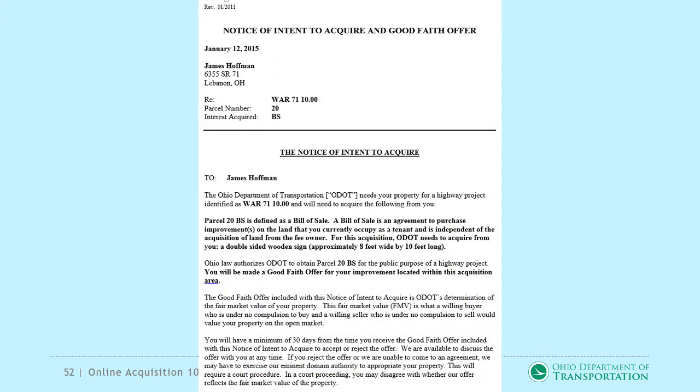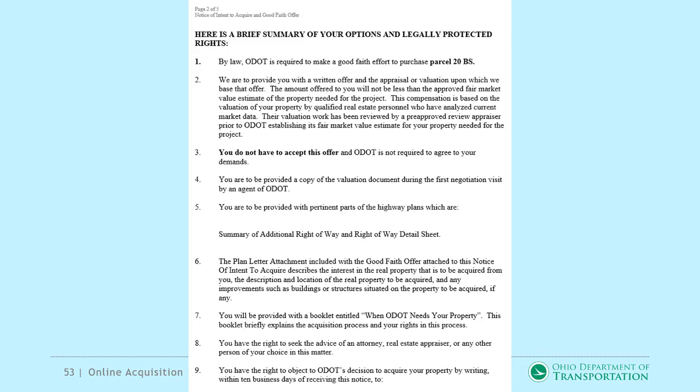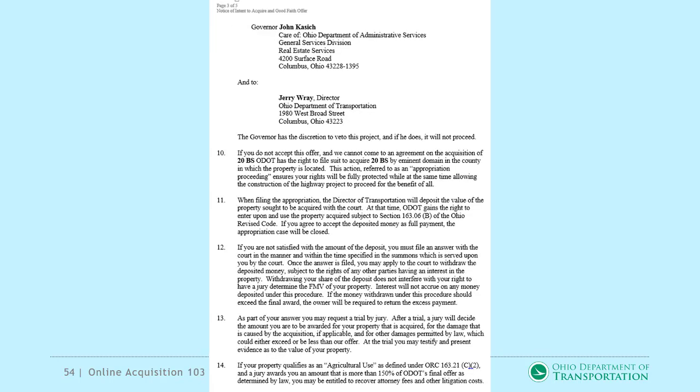James Hoffman for the WAR-71-10.00, parcel 20BS. We've identified the parcel. We are also identifying the description that's being acquired. And we go to page 2, which basically provides him the same summary of his legal rights, just like the fee owner. And then once again, it continues on to the next page.